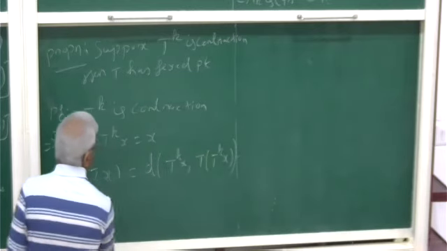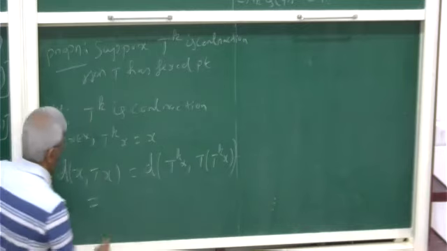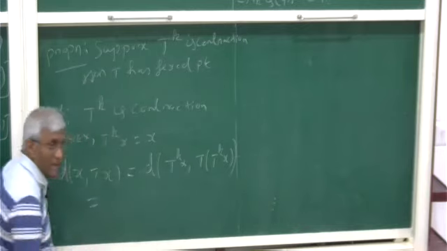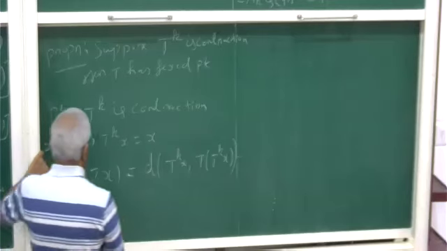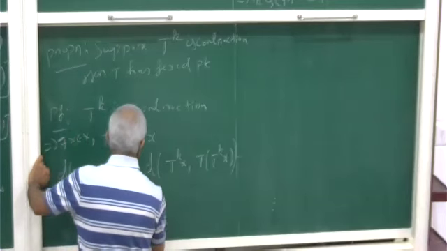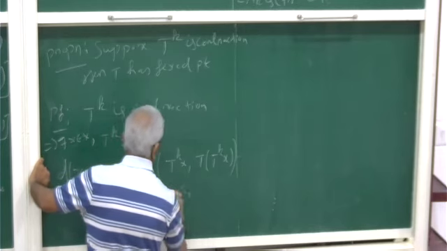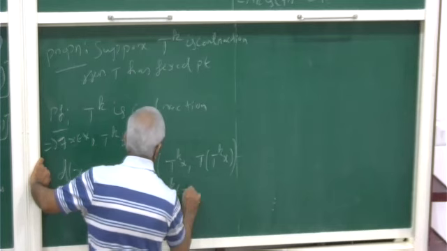Now this is equal to d of T^K x, T^K of Tx.